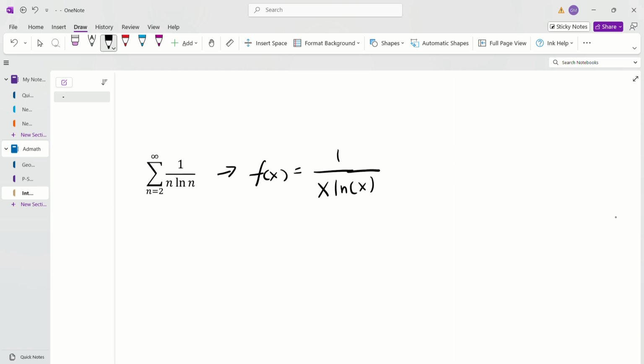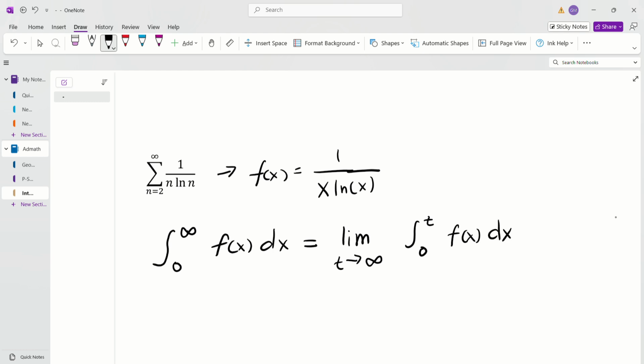If we are going to integrate this, the integral from 0 up to positive infinity of f of x dx, since it is an improper integral, we must use a limit: the limit as t approaches infinity of the integral from 0 up to t of f of x dx.